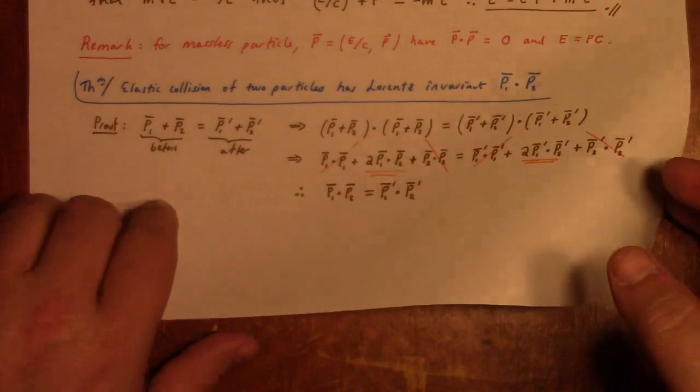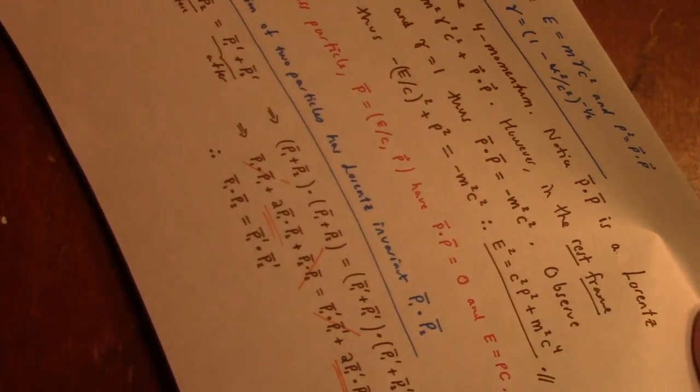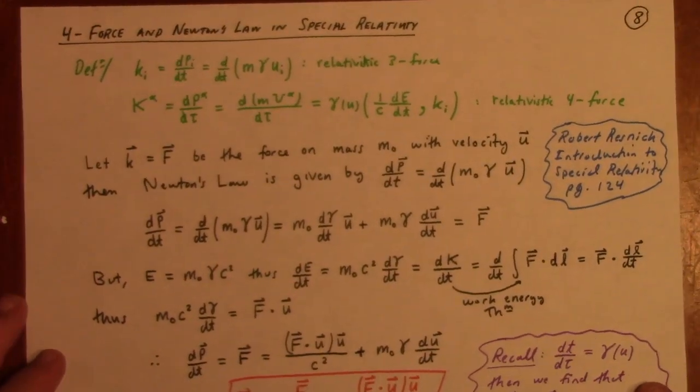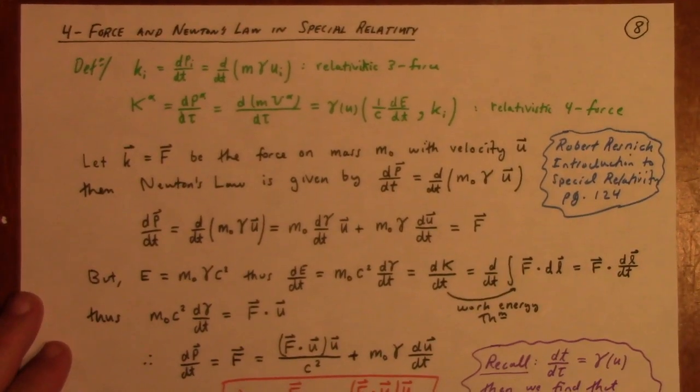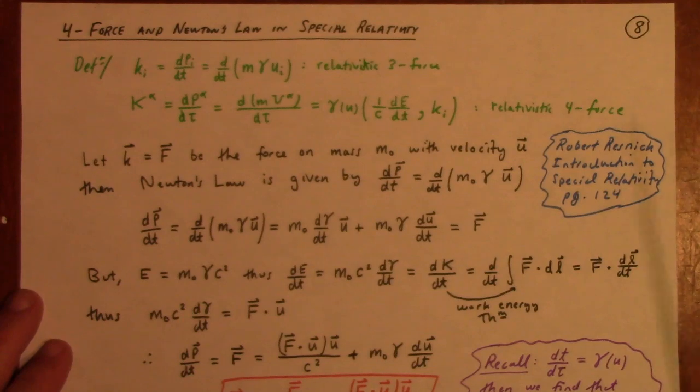That is actually very helpful for solving a particular collision problem. Again, maybe I'll put it in your homework if I get to it, or if I don't think it's too much for you guys.